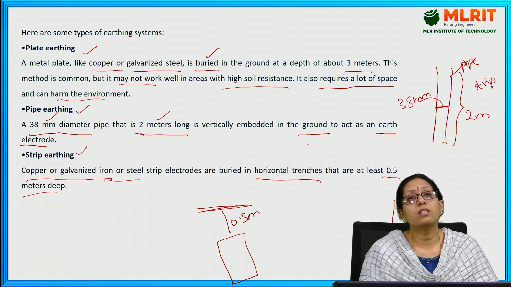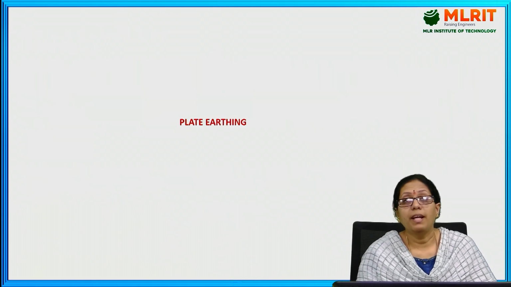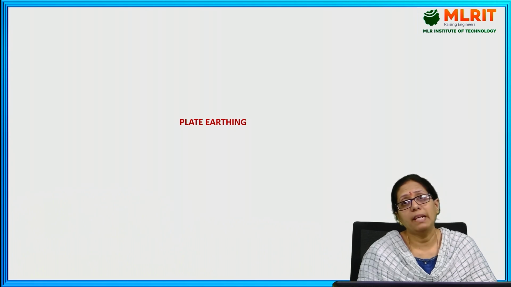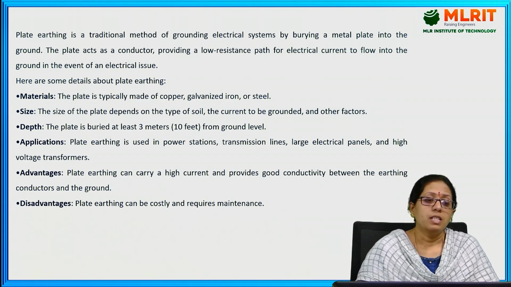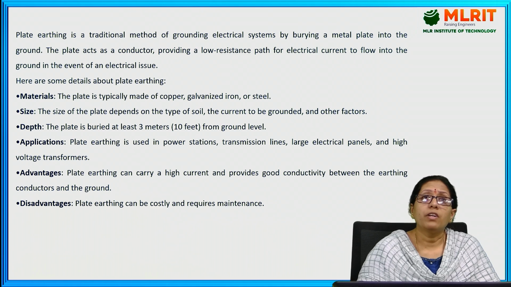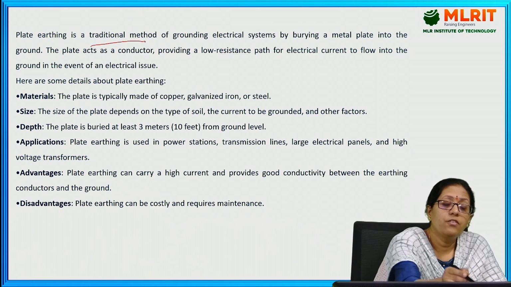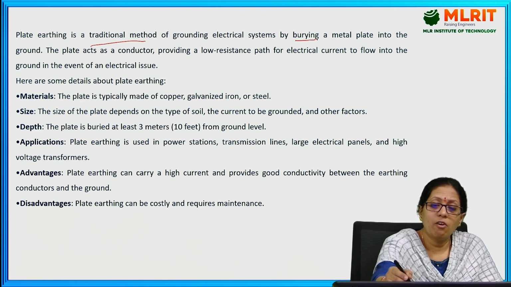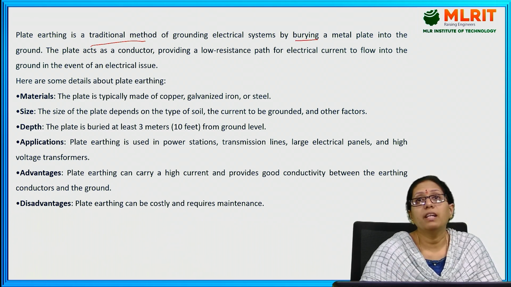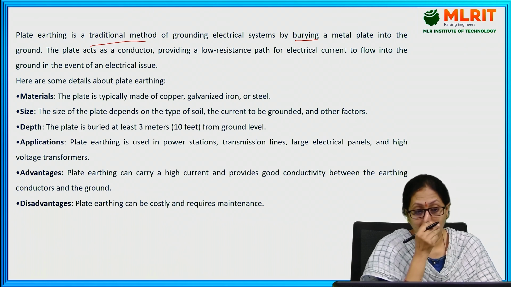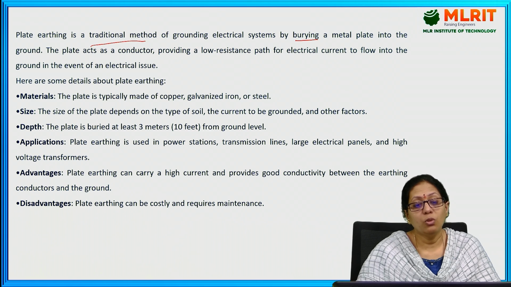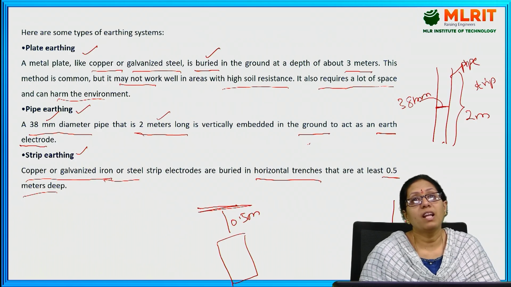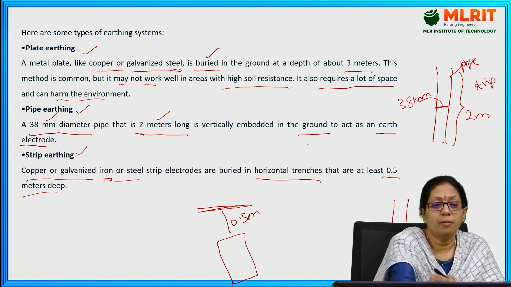We will know these three types in depth now. First one is plate earthing. The plate earthing is a traditional method of grounding the electrical system, by burying a metal plate inside the ground. Previously I told you that the plate is made up of copper or galvanized steel or iron.